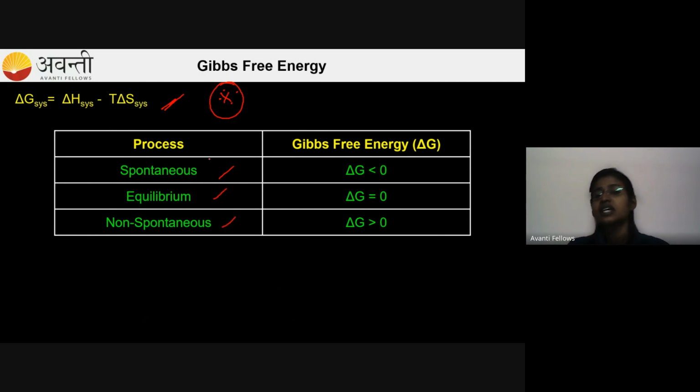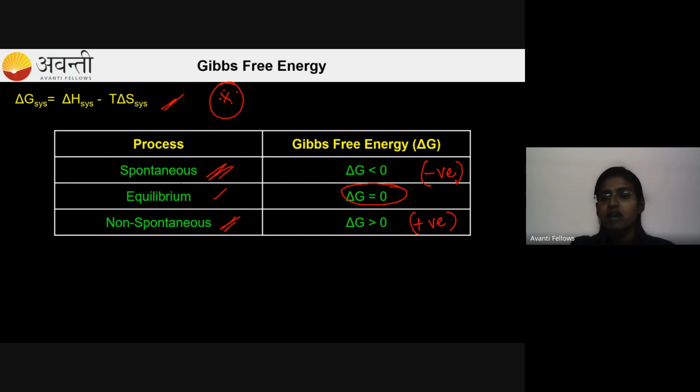So always remember that delta G should be negative, less than 0, then only that particular process is spontaneous. If we have a positive value for delta G, then we can close our eyes and simply say that it is a non-spontaneous process. If it is equal to 0, it is equilibrium. This is a very important tabular column.